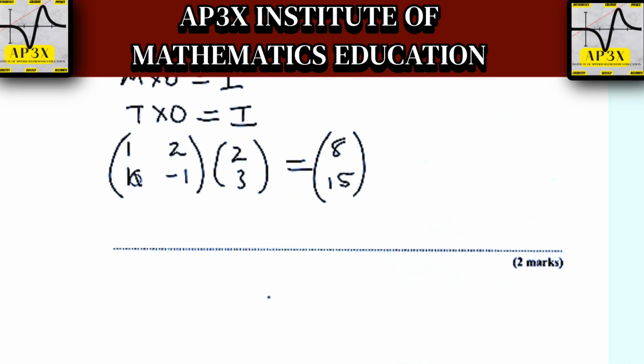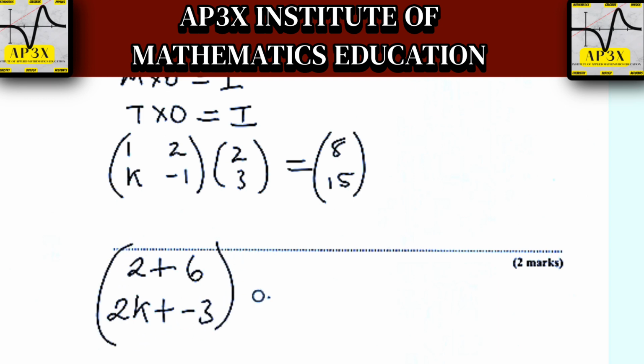Okay, so once again, if two brackets are joined together, guys, you're going to go row by column. So that's going to be 1 times 2, that's 2, plus 2 times 3, that gives us 6. Okay, and then we have k times 2, that's going to give us 2k, plus negative 1 times 3, that's negative 3.